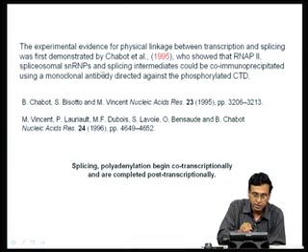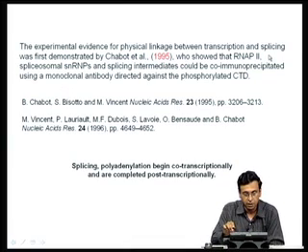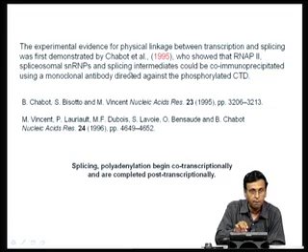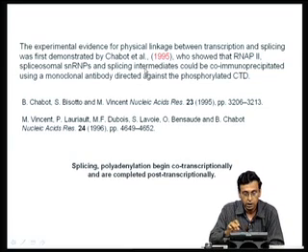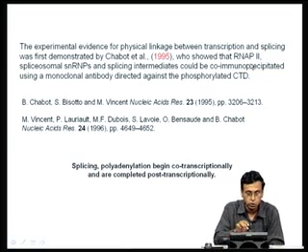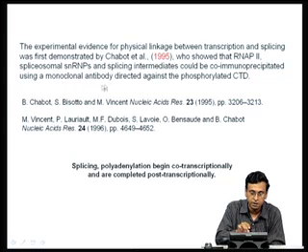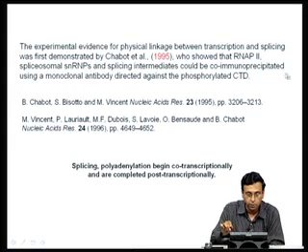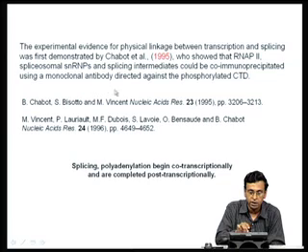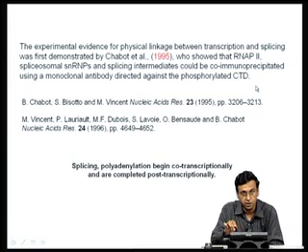Again, the experimental evidence for physical linkage between transcription and splicing was first demonstrated by Chabot et al. in 1995, who showed that RNA polymerase II, spliceosomal snRNPs and splicing intermediates could be co-immunoprecipitated using a monoclonal antibody directed against the phosphorylated form of the CTD.